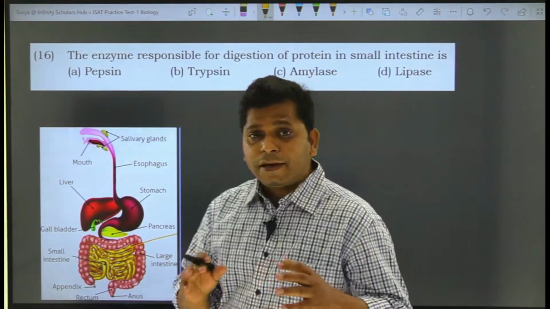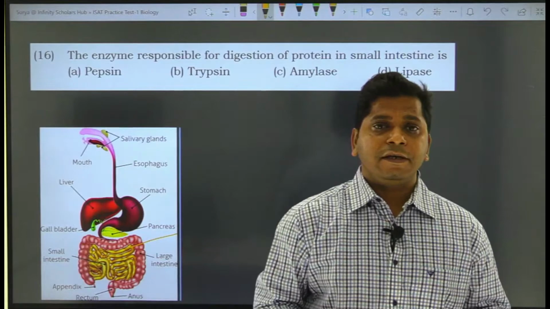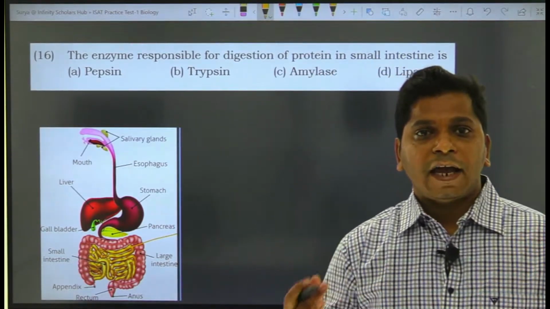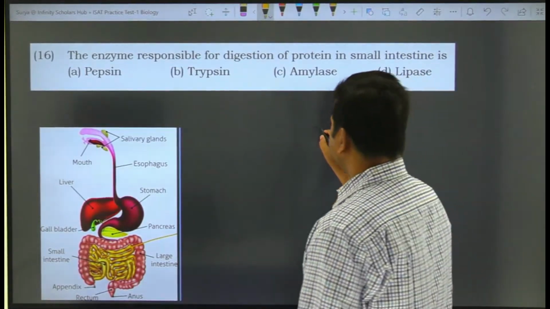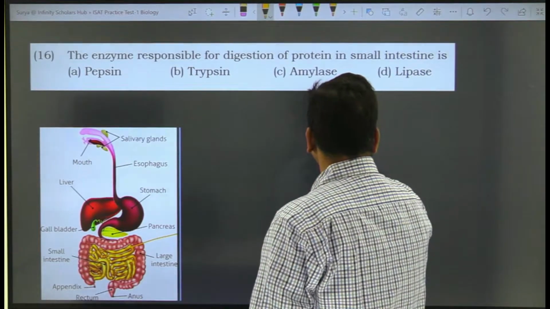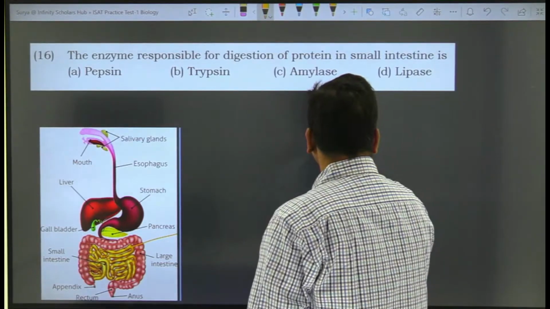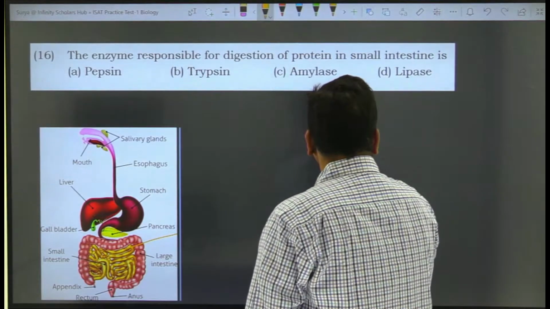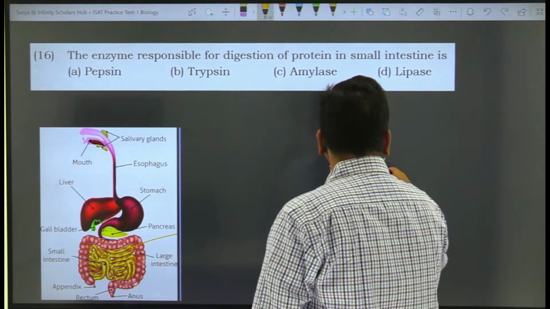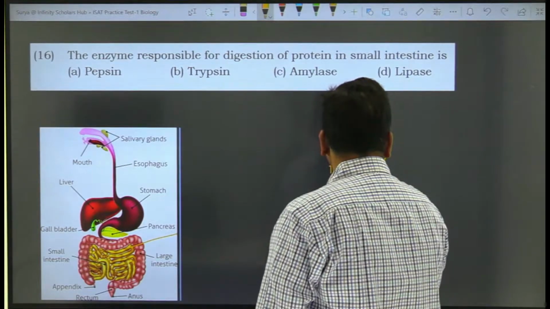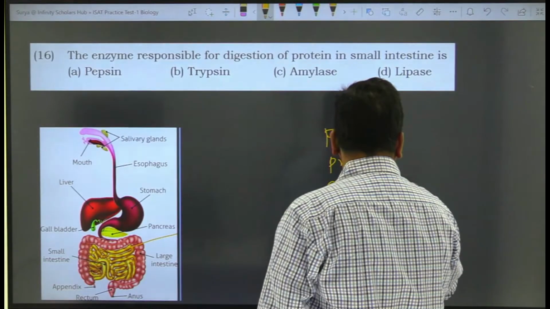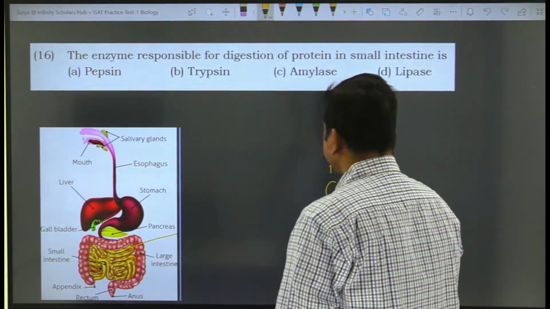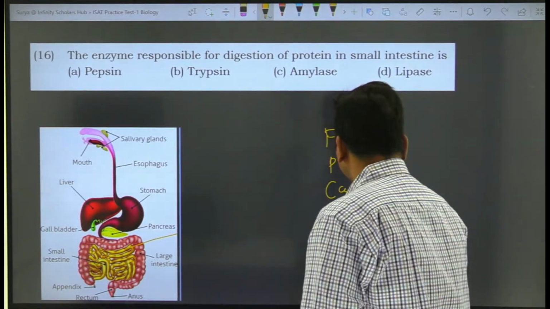There are several enzymes which are necessary for digesting the diverse kinds of food, because the food material that we eat contains fat, proteins, carbohydrates, and also nucleic acid.